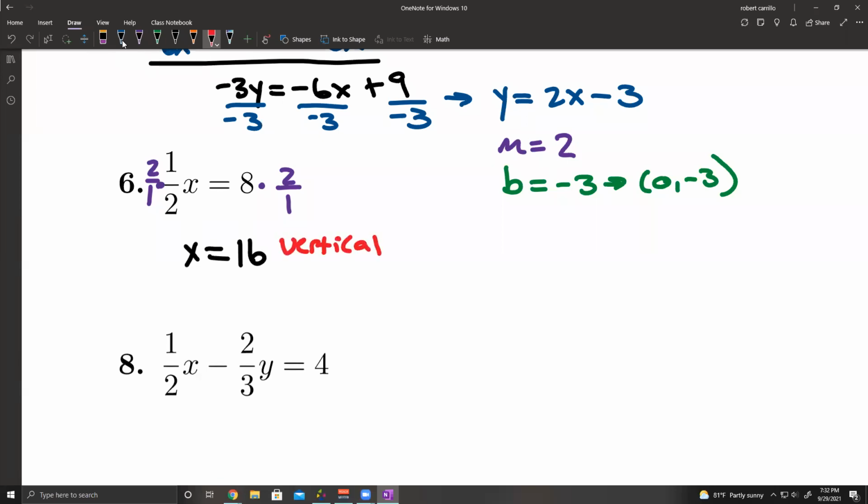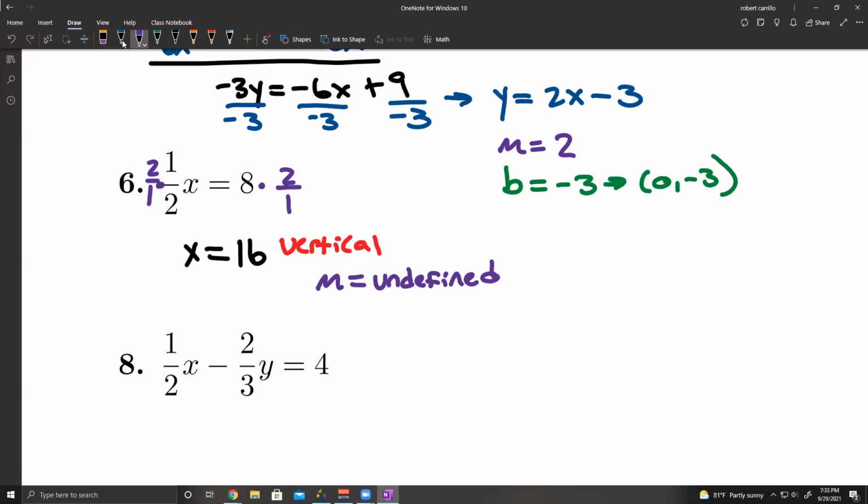That is a vertical line. Since it goes through x equals 16, you do not have a y-intercept and you do not have a slope. That's what's crazy about vertical lines. Their slope is undefined. Vertical lines have no slope.